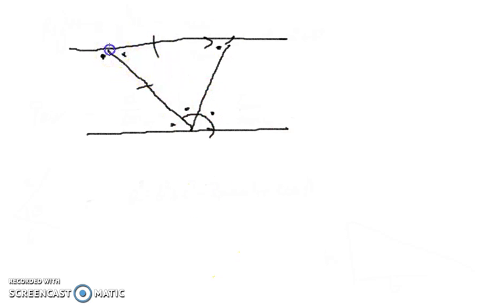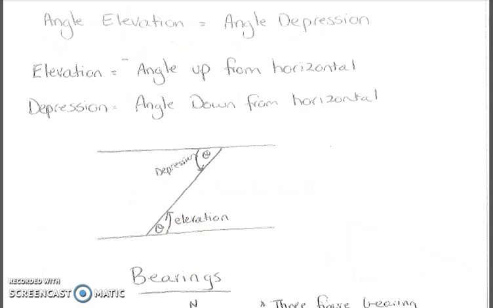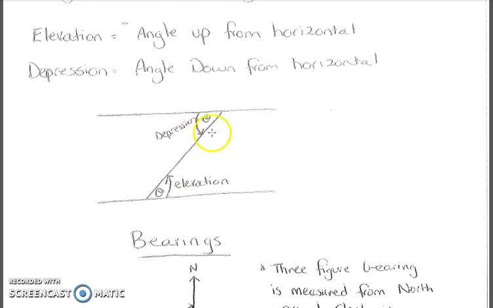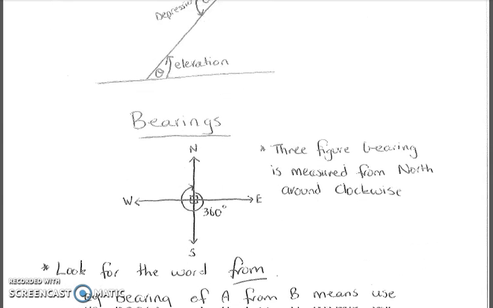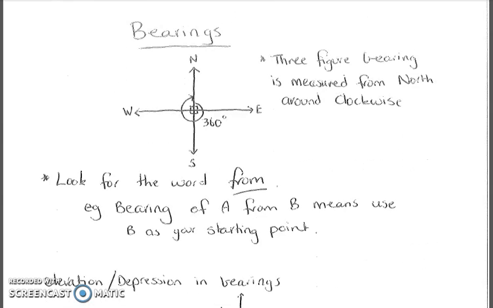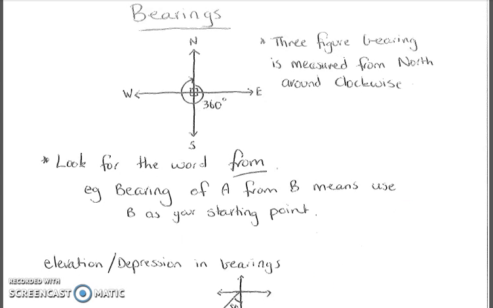The same works if we have right angle triangles in here. You can calculate information really easily just by using the information from parallel lines. So angle of elevation equals angle of depression. This is very, very important when we go on to talking about bearings.